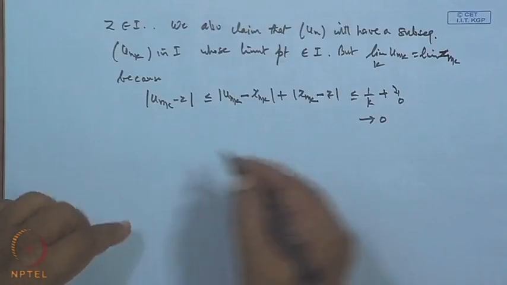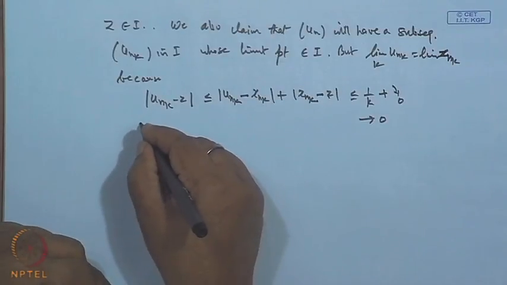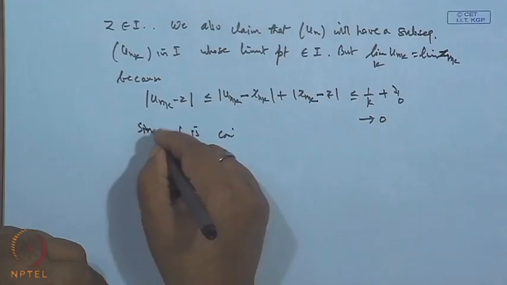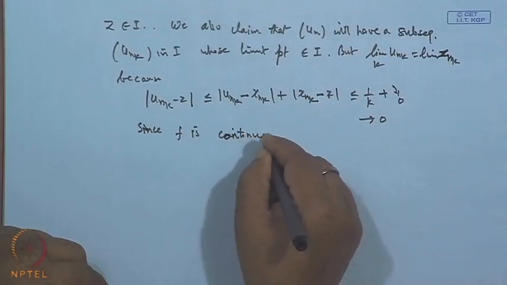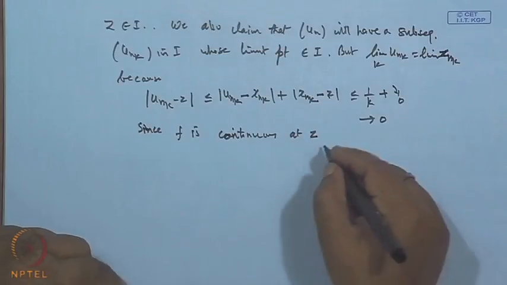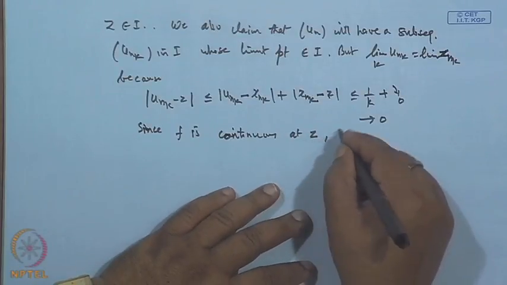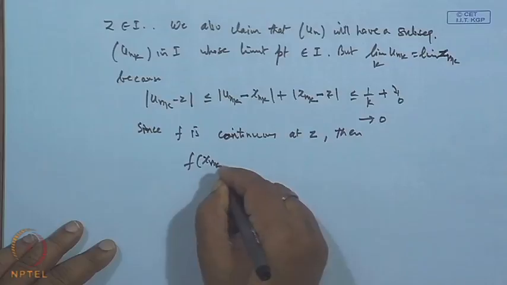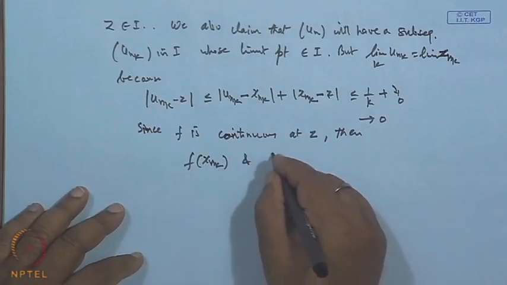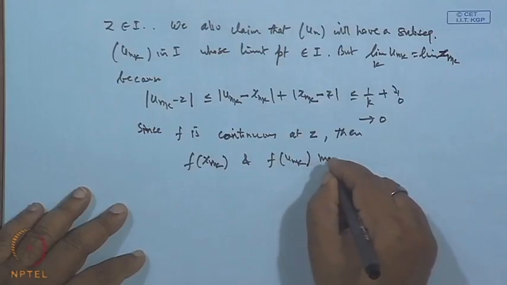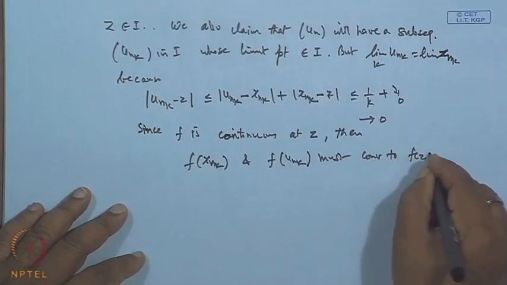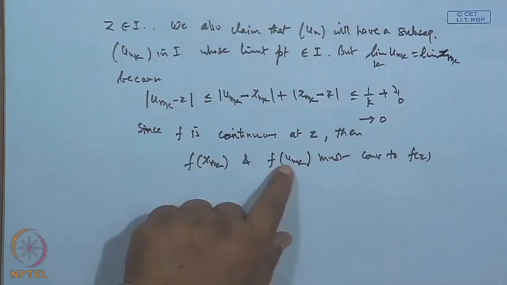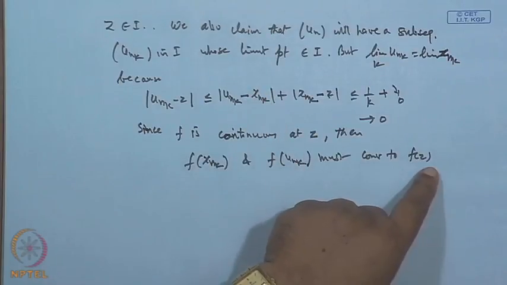Once they have the same limit point z, which belongs to I, f is continuous at z. Now further, since f is continuous at z, both f(x_{n_k}) and f(u_{n_k}) must converge to f(z), because x_{n_k} goes to z, so f(x_{n_k}) goes to f(z), and u_{n_k} goes to z, so f(u_{n_k}) will also go to f(z), because f is continuous.